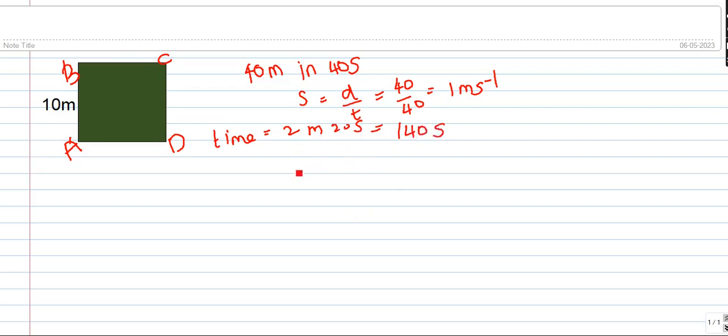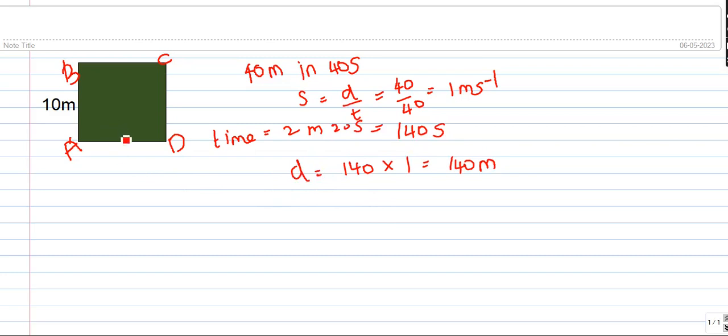So the distance covered in this 140 seconds will be distance is equal to 140 into the speed, which is 1 meter per second. So we get it as 140 meters. So this 140 meters he has covered in the given time.